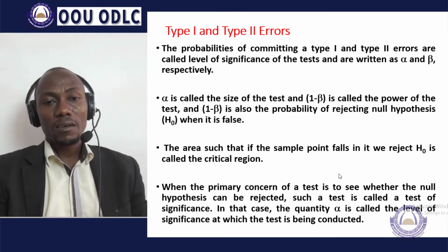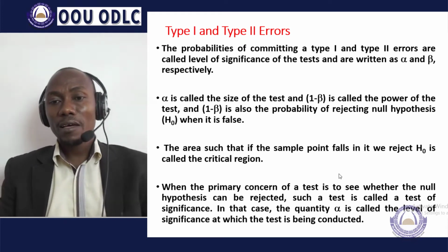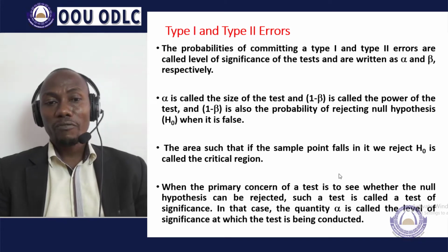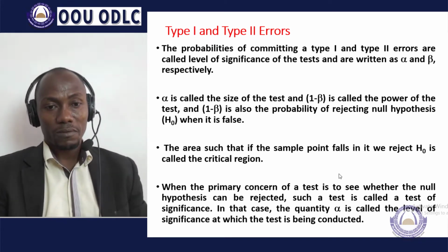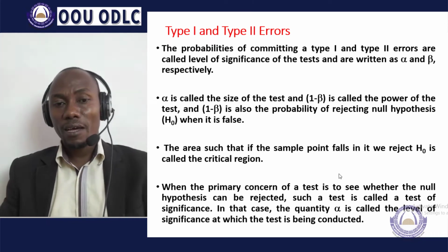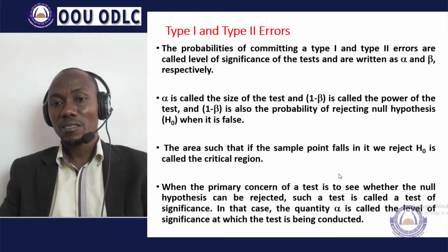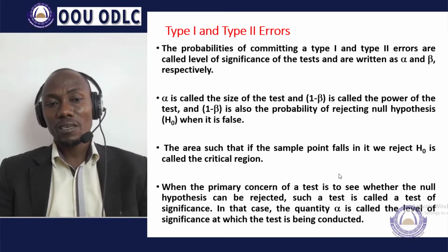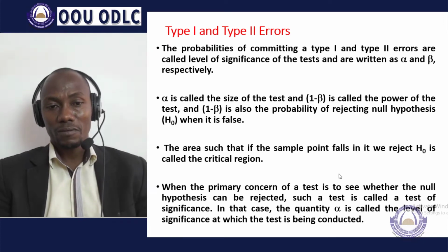The area that falls under the rejection of the null hypothesis is called the critical region. The area such that if the sample point falls in it we reject the null hypothesis is called the critical region.